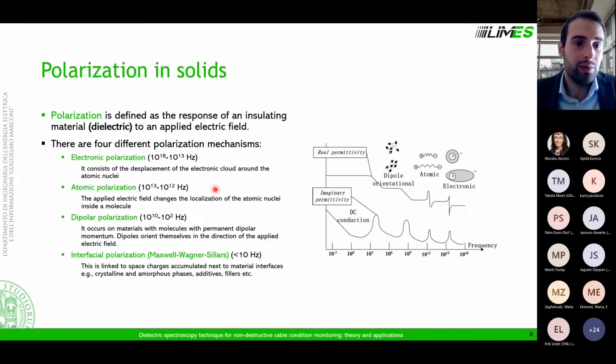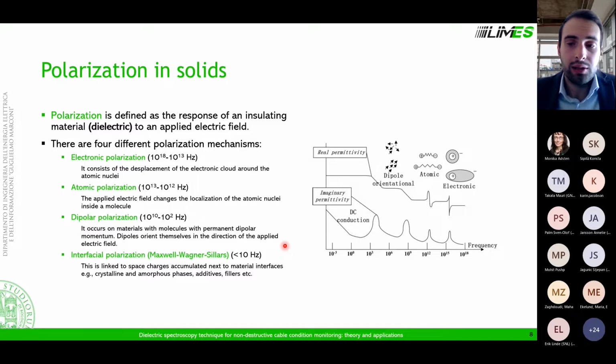While if we move to lower frequencies, we can move to the atomic polarization. In this case, we are not considering the atomic cloud, but we are considering the molecule. And with the atomic polarization, the electric field brings to the deformation of the molecules, as it can be seen, for example, in this image here.